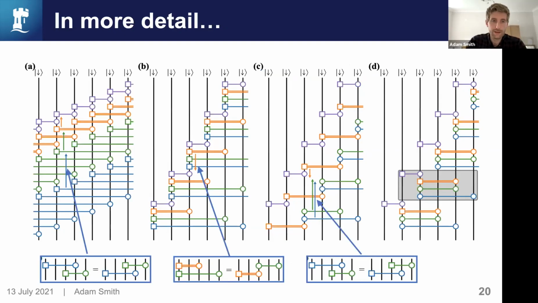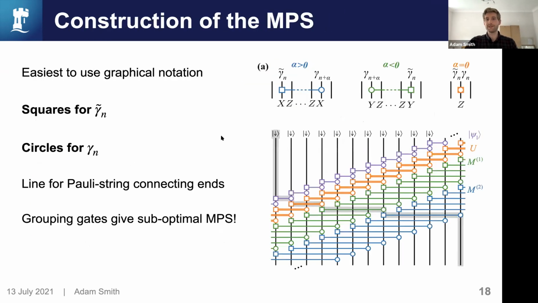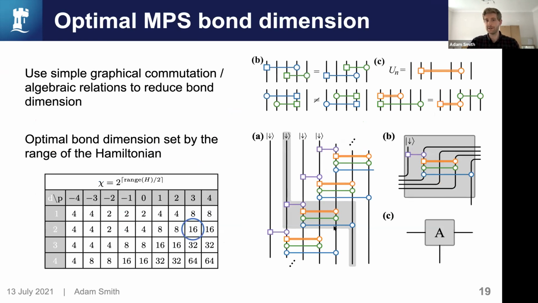Okay, so maybe let me go through this in a little bit more detail. Maybe this is helpful if these circuit diagrams aren't making too much sense to you. What I'm going to do is go from this horrible picture here to this nice and neat picture here, where we have a low bond dimension MPS.